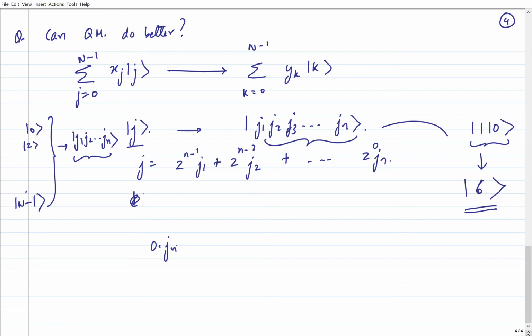If I have a decimal jl, jl plus 1, jm, that is jl by 2 plus jl plus 1 by 2 square, up to jm over 2 to the power of m minus l plus 1.